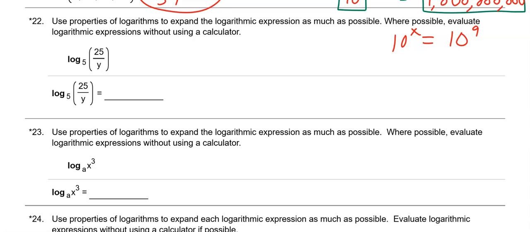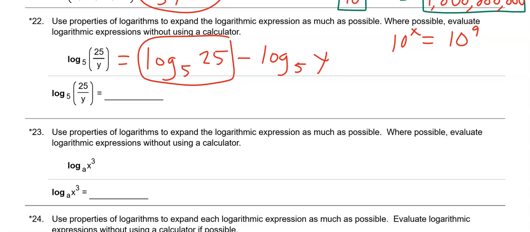Okay, 22. We're just practicing this. I know it seems like we're overkilling it, but this is not the easiest thing for you guys in the whole wide world. This is a base 5 logarithm that we're expanding. The numerator goes in the first one, the denominator goes in the second one, and because it's division, we subtract. Now, can you simplify this piece right here?